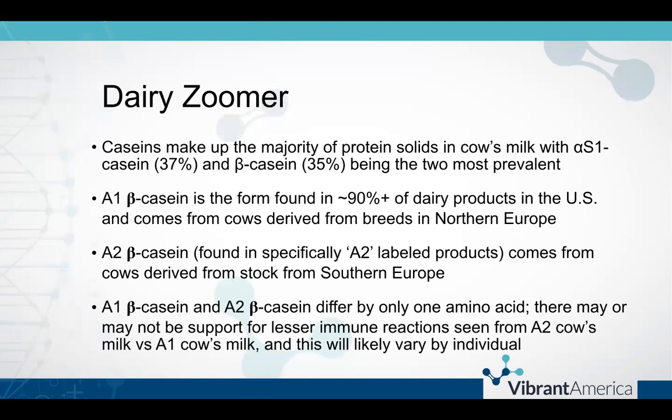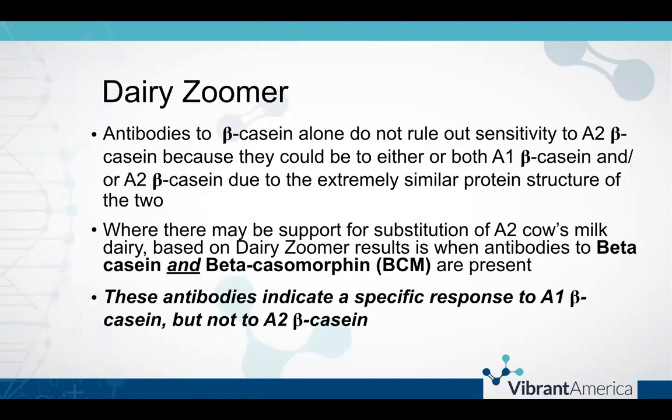A1 beta casein and A2 beta casein differ by only one amino acid. So it's really important to understand that these two proteins are so incredibly similar that they essentially have the same antibody. Antibodies to A1 casein and antibodies to A2 casein are the same. There may or may not be support for lesser immune reactions seen from A2 cow's milk versus A1 cow's milk, and this will vary by individual, and we'll get into that in a little more detail.